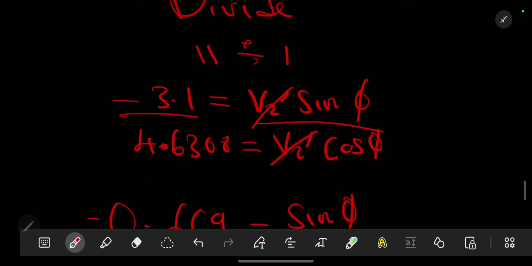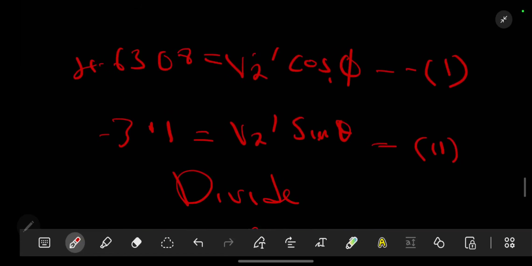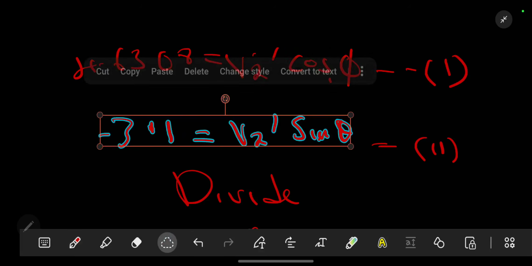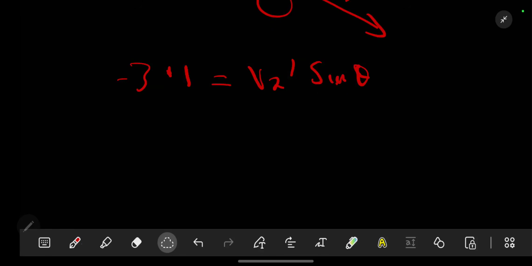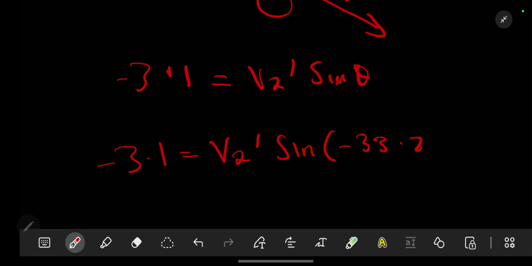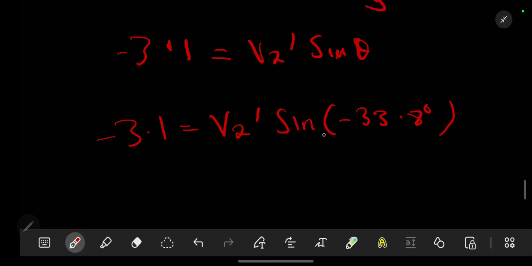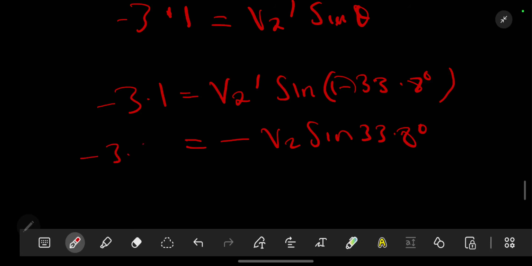Finally, to find the velocity, get any of the two equations. Let's get the negative one so that we see something. We are going to have 3.1 should be equal to V2, which we don't know, sine of the angle negative 33.8 degrees. The sine of a negative will be negative, so it will be negative V2 sine of 33.8 degrees, negative 3.1.